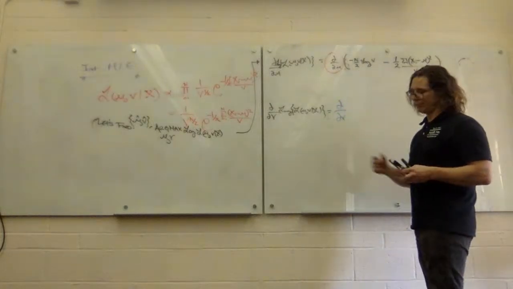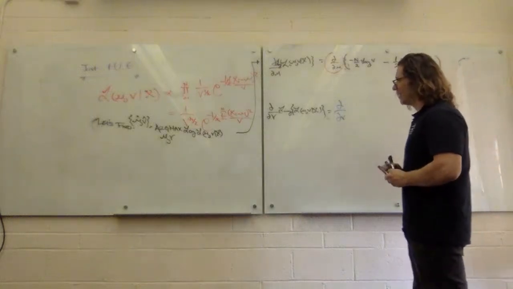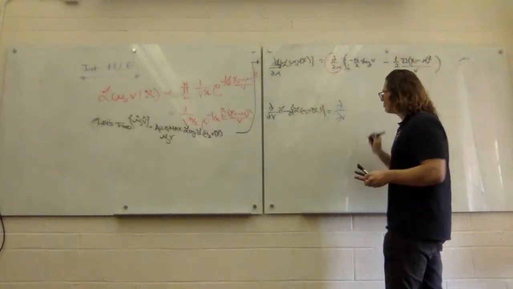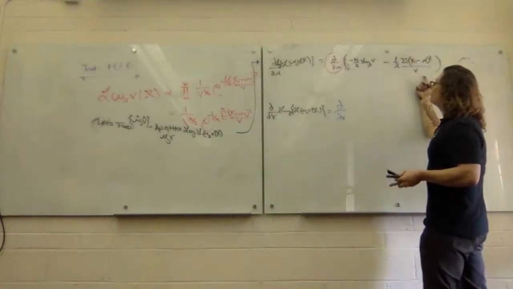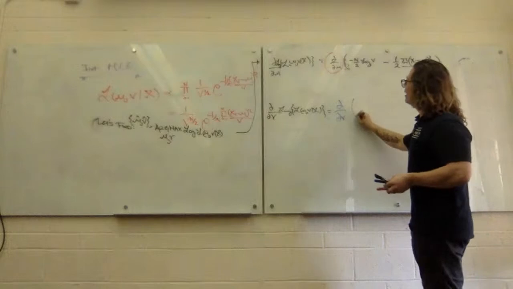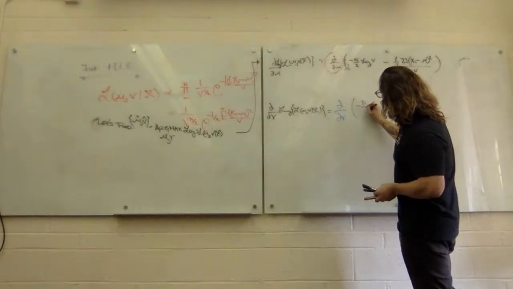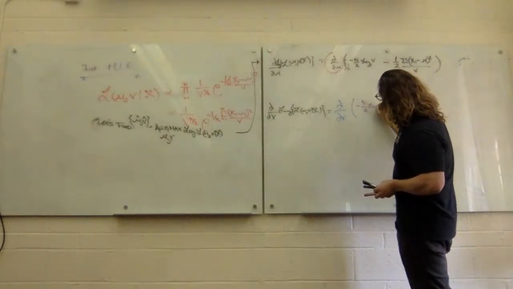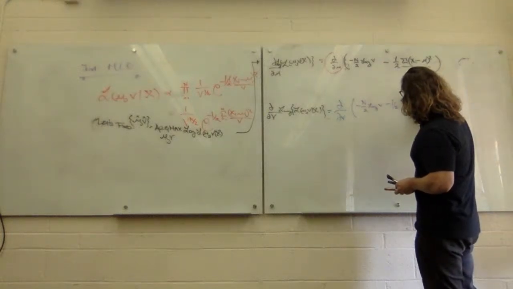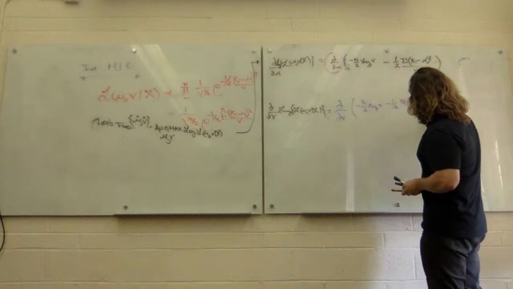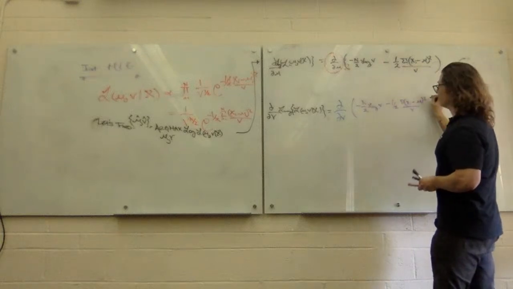So, take my derivative with respect to v. I arbitrarily parameterized it in terms of v. And now I'm going to take my logarithm of everything. Here's my log function, I'd already done that. So minus n over 2 log v minus 1/2 sum of the xi minus mu squared over v.